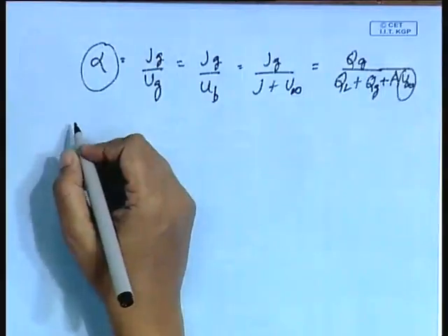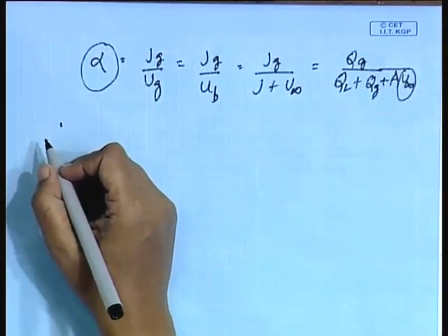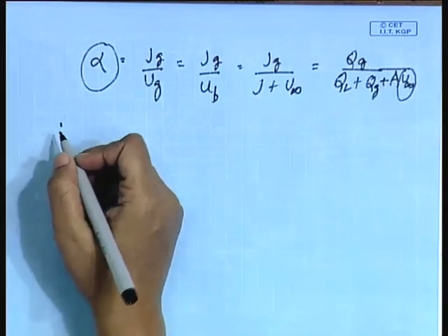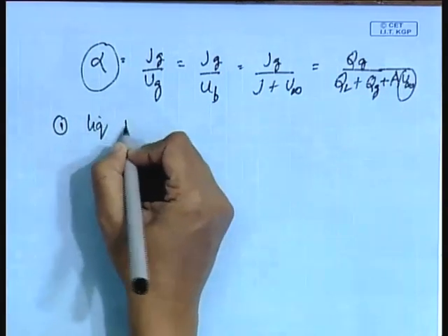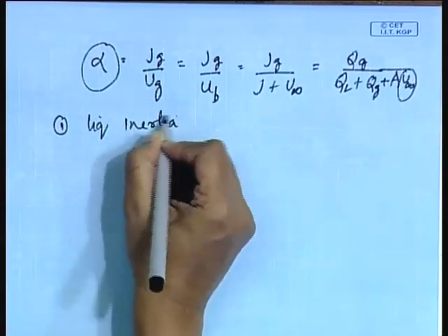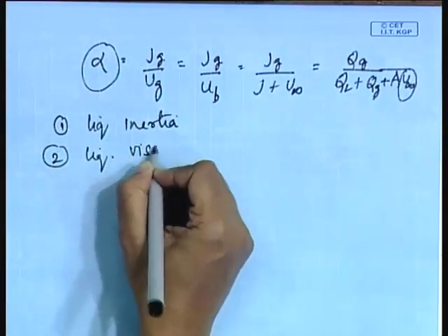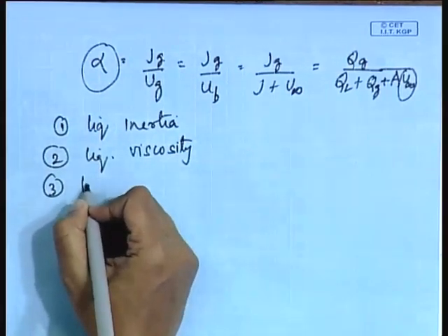Okay. The bubble rises due to buoyant forces. And the other forces which are important are liquid inertia, liquid viscosity, and surface tension.